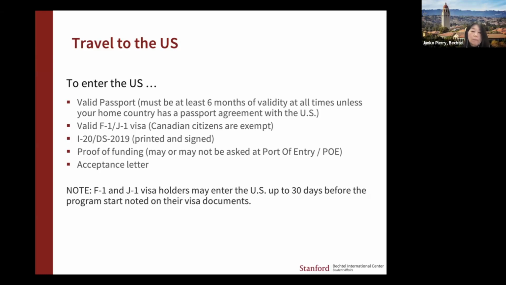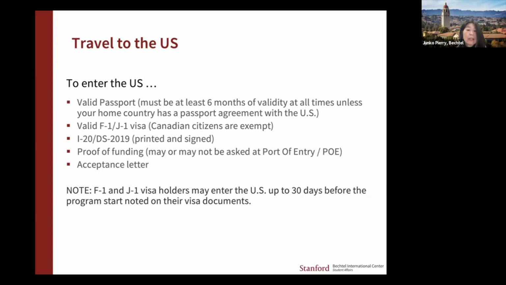So you do need to have the printed out version of the I-20 or DS 2019 to present at the port of entry. You also need to have proof of funding, and you also need to have an acceptance letter. And again, these are the documents you have to have in hand. So please do not check them into your baggage.